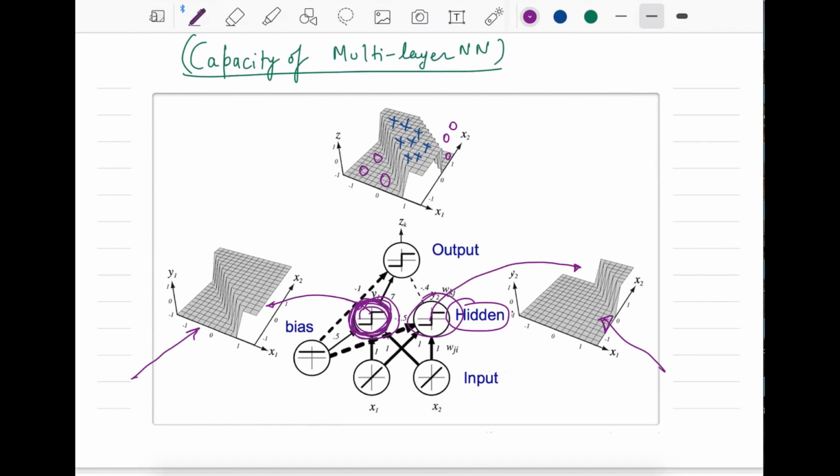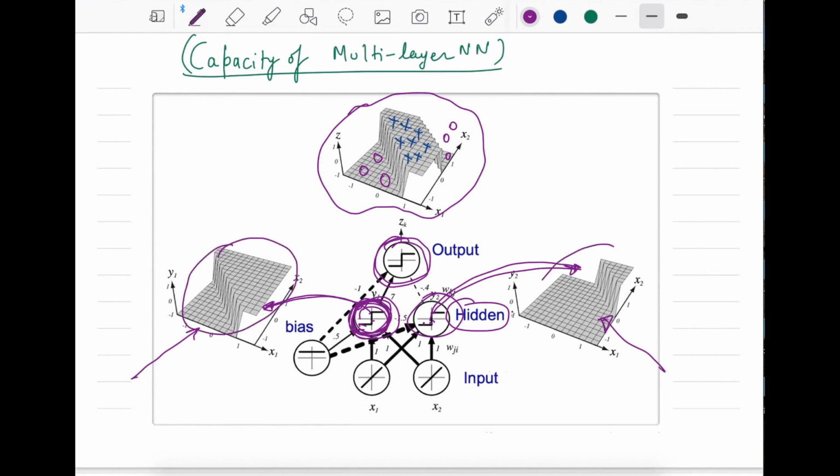But summing these and getting the output for two different hidden layers will give you a complex function, which is given like this. You can see how these two are combined and give you a complex function, which is given over here.